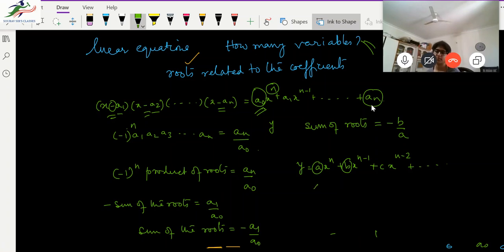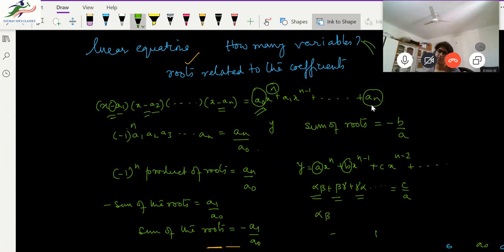Then the sum of the roots paired together, that means alpha beta plus beta gamma plus gamma alpha, like this, would always be equal to C by A, because this is paired together, so -1 into -1 would always be +1.